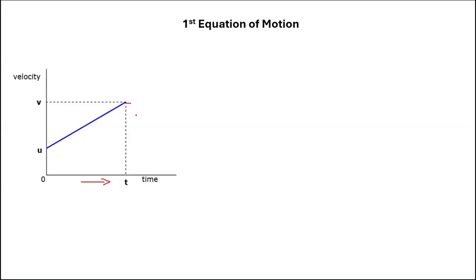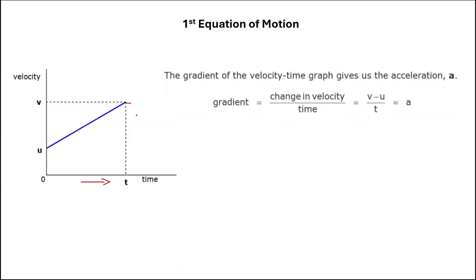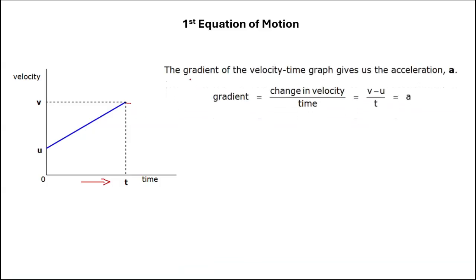All right. So now we know that the gradient of a velocity time graph gives us acceleration a. We have studied in previous lectures that the slope of a velocity time graph is equal to acceleration.